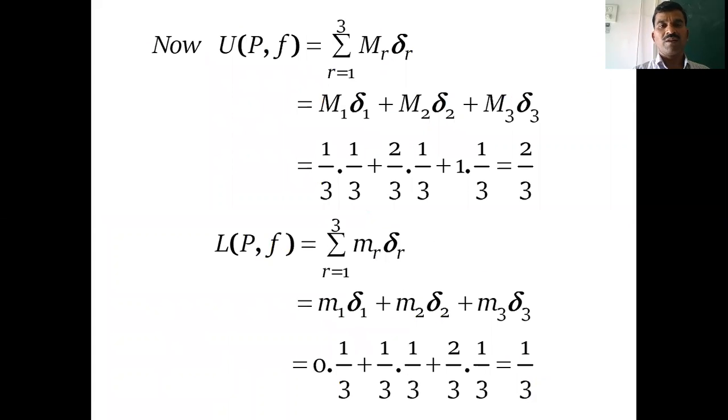With the help of these, we can find the upper sum and lower sum by the definitions. Substituting capital M1, M2, M3 and small m1, m2, m3 in the expressions of U(P) and L(P), we get 2 by 3 and 1 by 3 respectively.